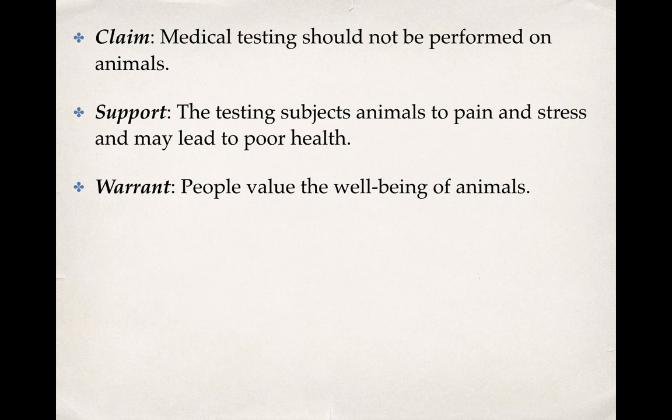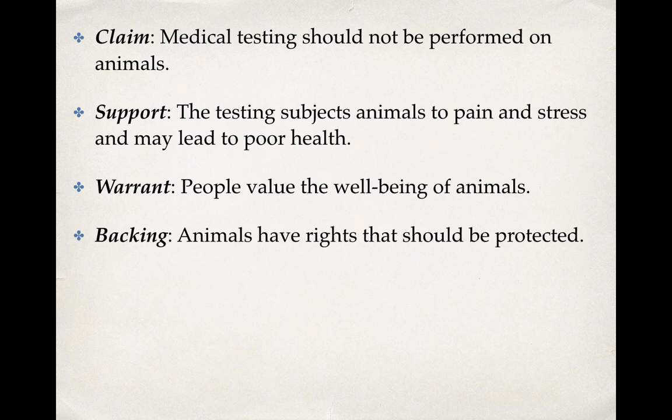People don't want animals to be in pain or under stress or have that testing be detrimental to their health. So as they develop the argument, they include backing to further reinforce that warrant: animals have rights that should be protected, and animals shouldn't be abused just for our well-being. They include that as part of their argument, and that would be considered backing.